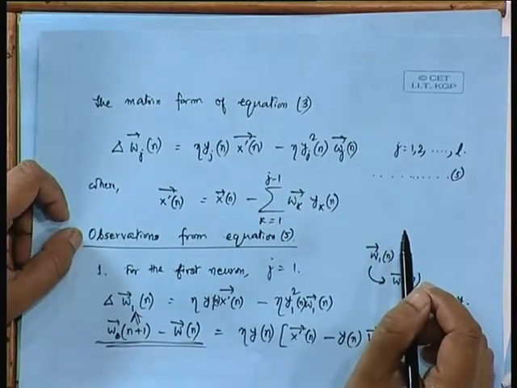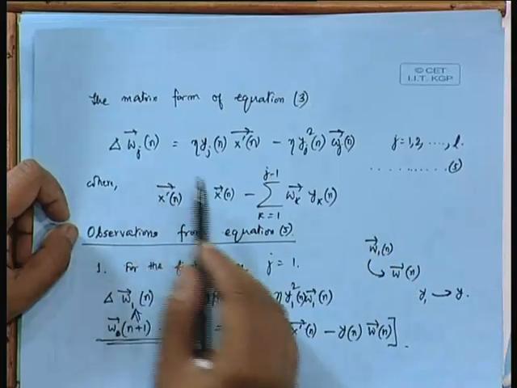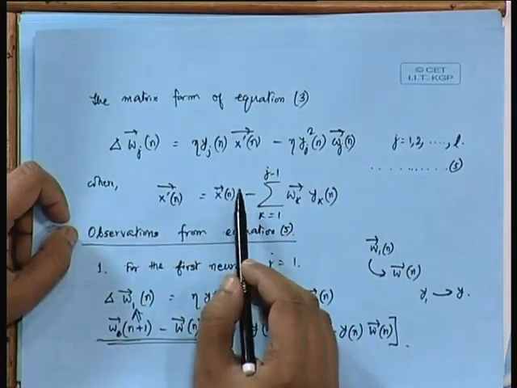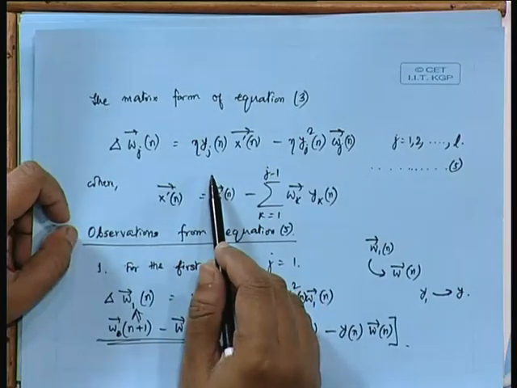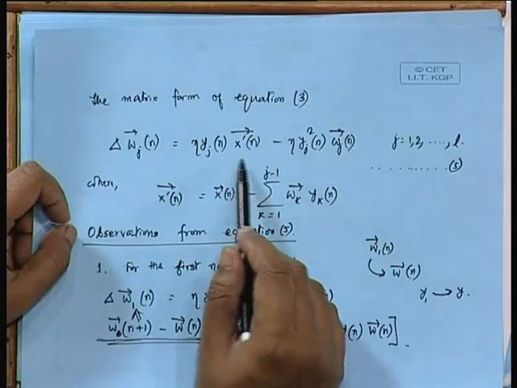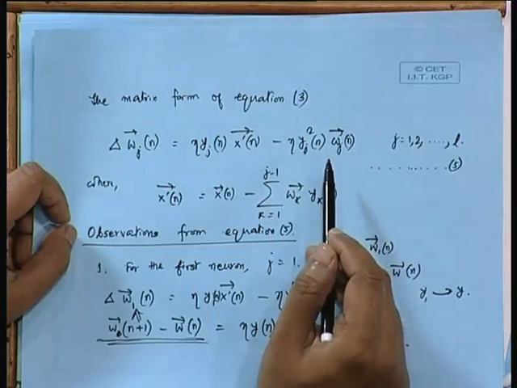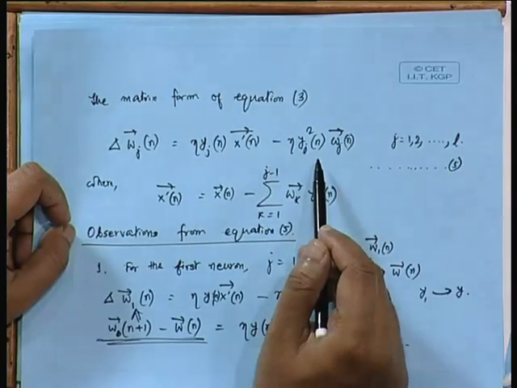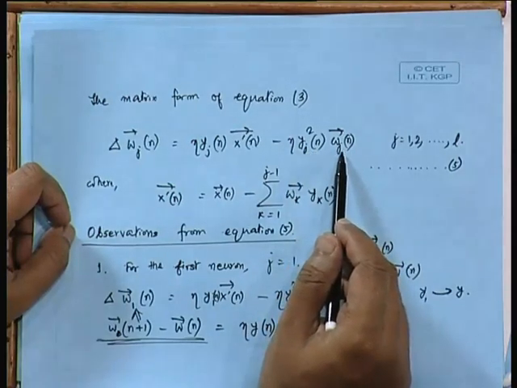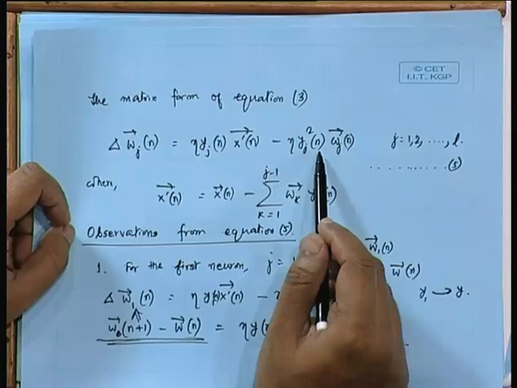J is equal to 2 means that you are getting w2n plus 1 minus w2n, and that becomes equal to eta y2n, and then within the bracket we will be having the term x prime n minus, I mean, y1n w1n term will remain, and then there will be minus y2n w2n.